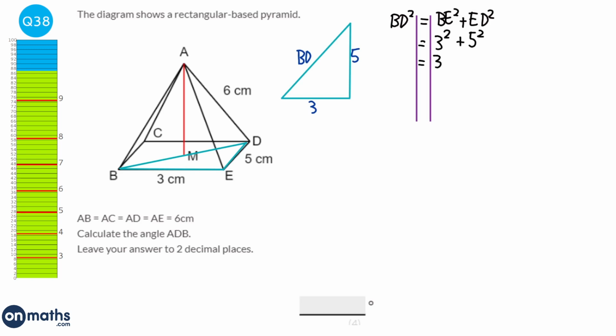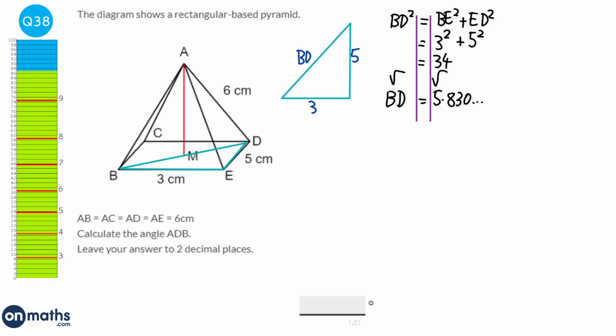That's going to equal 34. Square root both sides, and we've got BD equals, and we can leave this as just square root of 34, but if we want to write out exactly what it is, then it's 5.830 and so on, and we're going to keep that in our calculator.